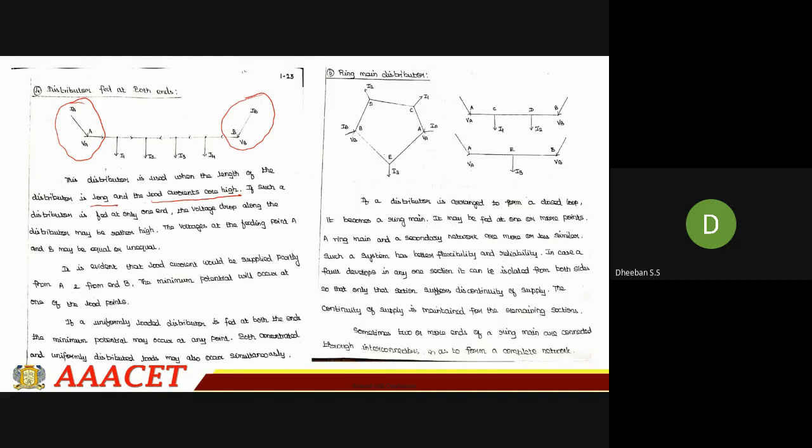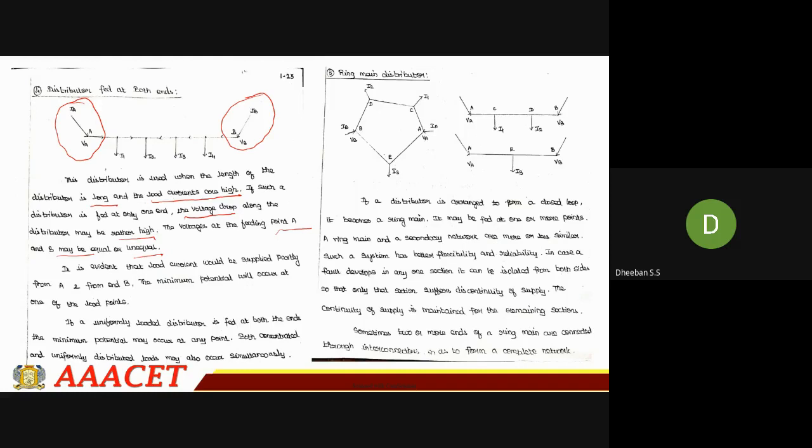If such a distributor is fed at one end, if you are using a single end distributor, the voltage drop along the distributor will be very high. The voltages at the feeding points A and B may be equal or unequal in the case of single end feeding.